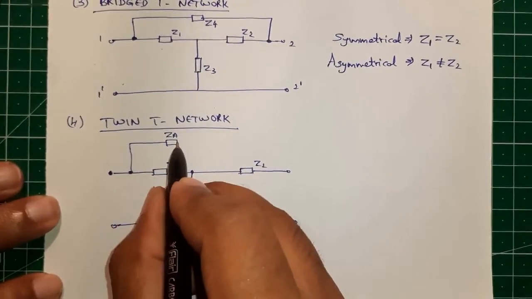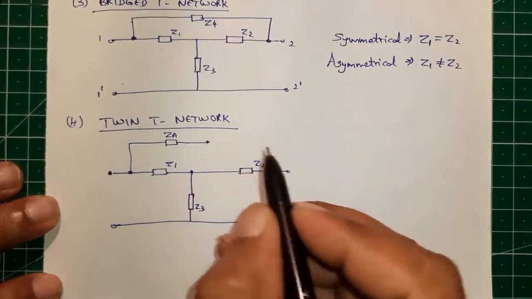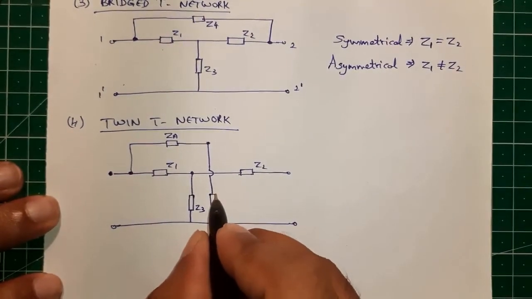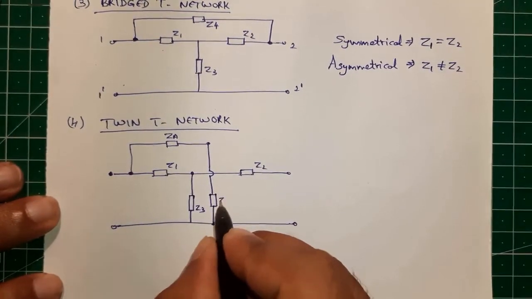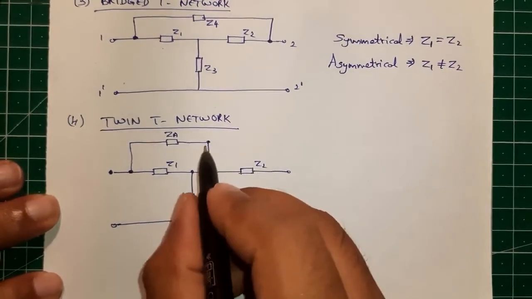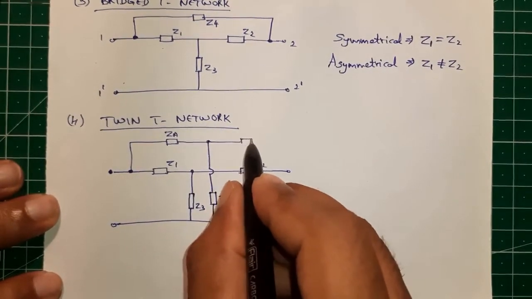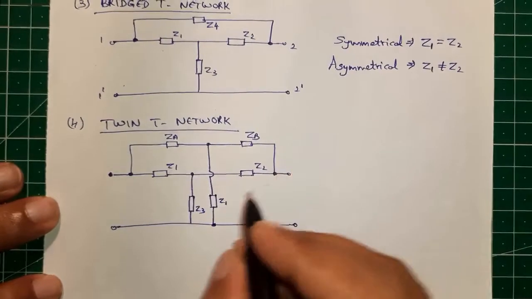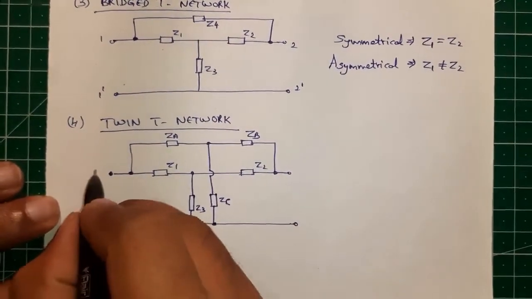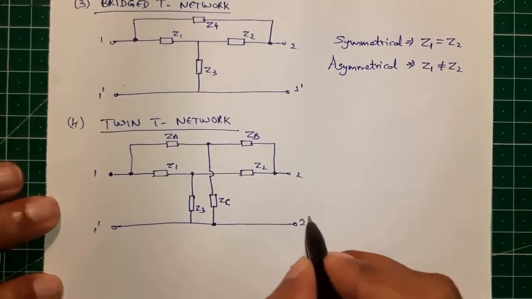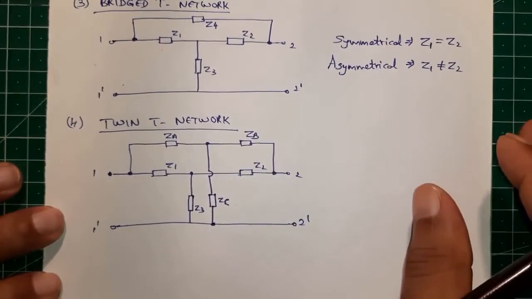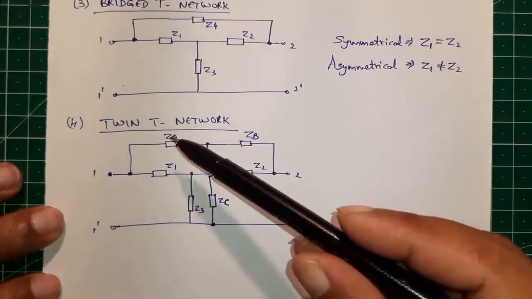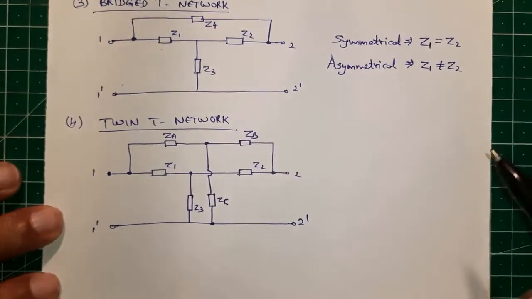This will be ZB and this will be ZC, with terminals 1 dash and 2 dash. So what should be the condition for symmetry? Z1 should be equal to Z2 and ZA should be equal to ZB.